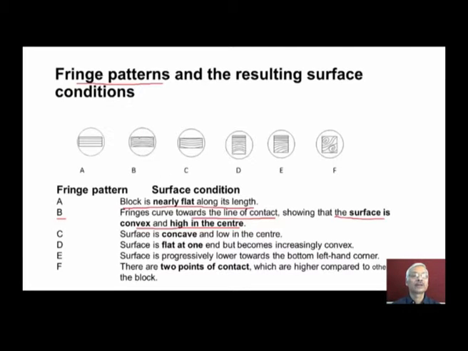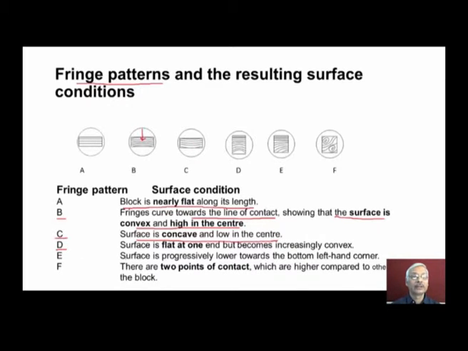The surface is high in the center, like this. Now case C: the surface is concave and low in the center. We can observe here we get concave fringes and they are low in the center. If this is the case, then the surface is concave.